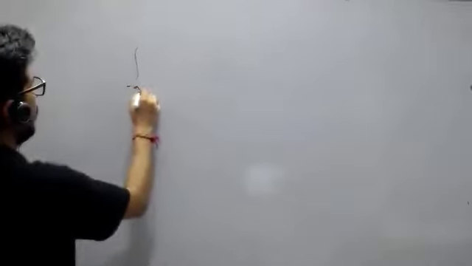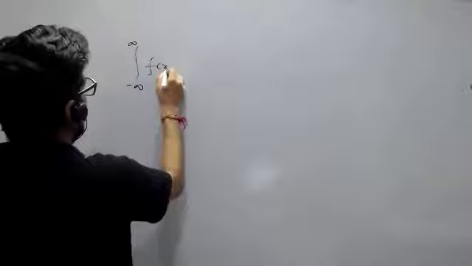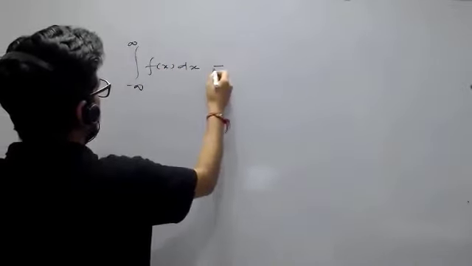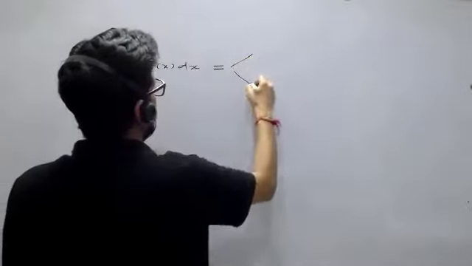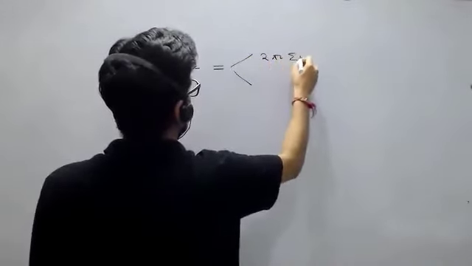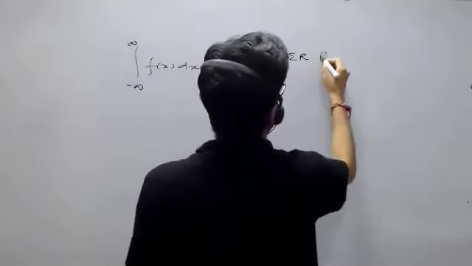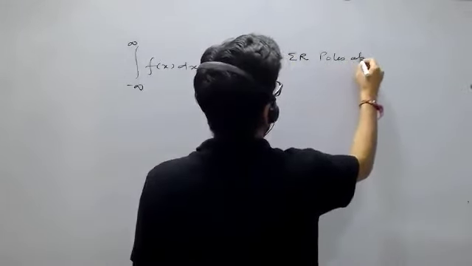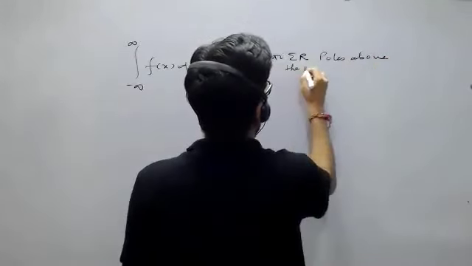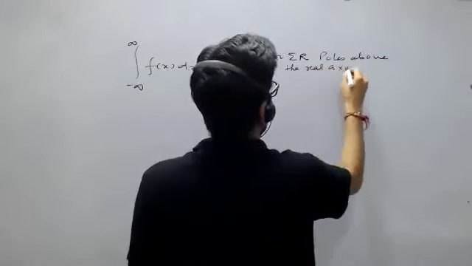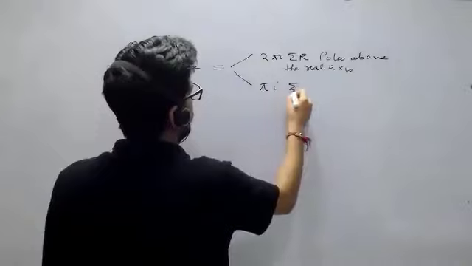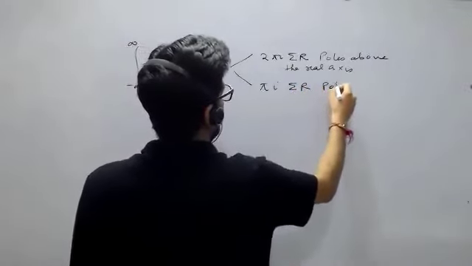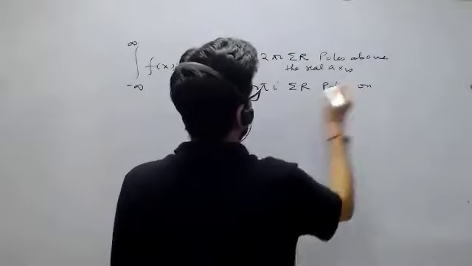From where we started, I told you that for integration minus infinity to plus infinity, some function of x dx, that is 2 pi I sum of residue for the poles above the real axis, and pi I sum of residue for the poles on the real axis.